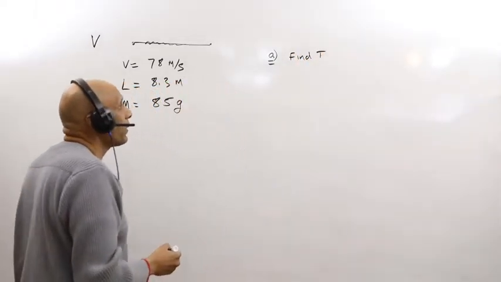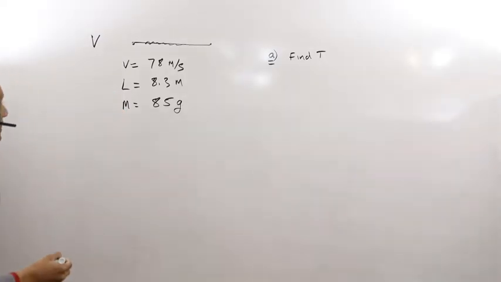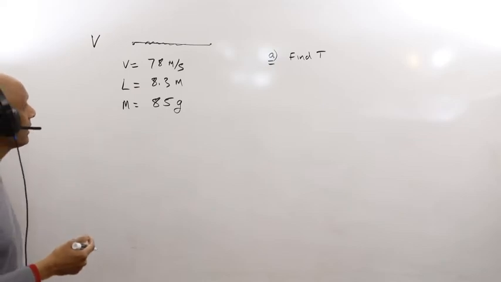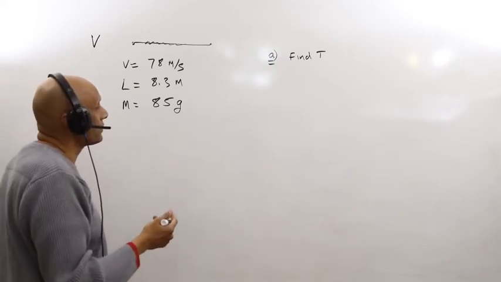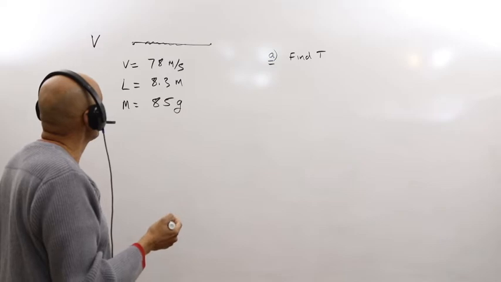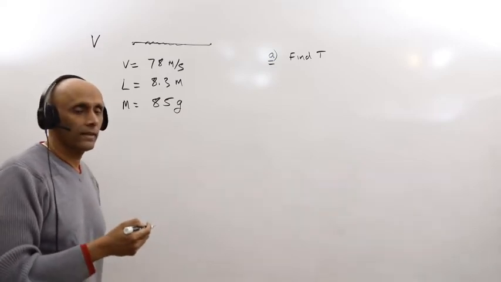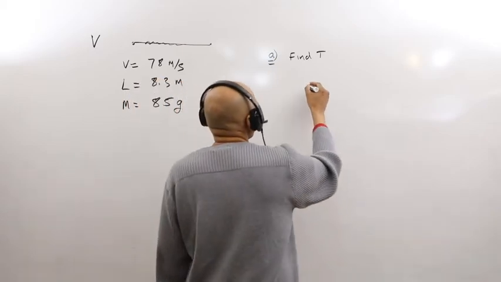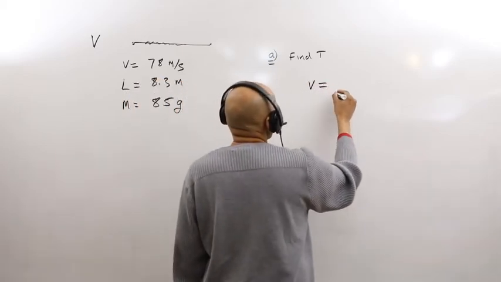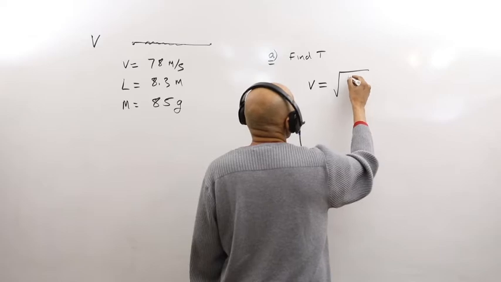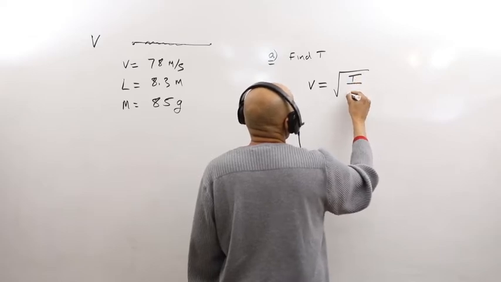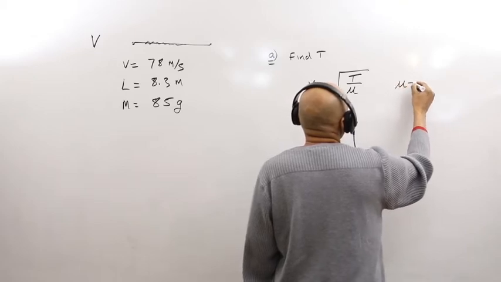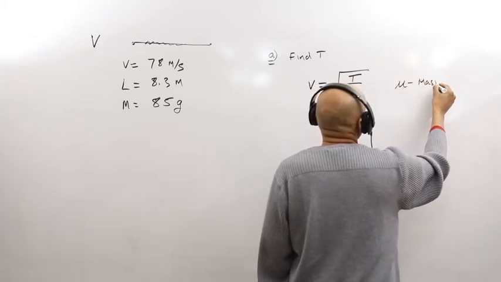So what equation are we going to be using? If you remember the equation for the speed of a wave in a taut string, V is equal to the square root of T over mu, where T is the tension and mu is the mass per unit length.